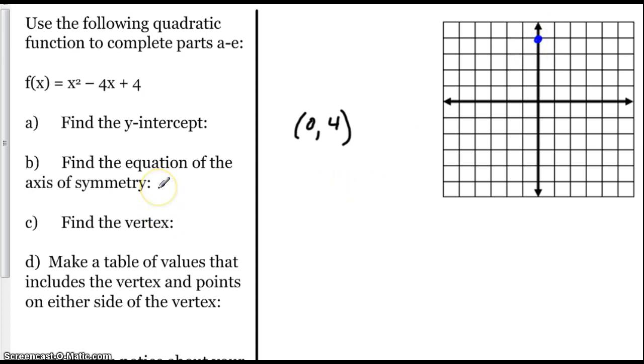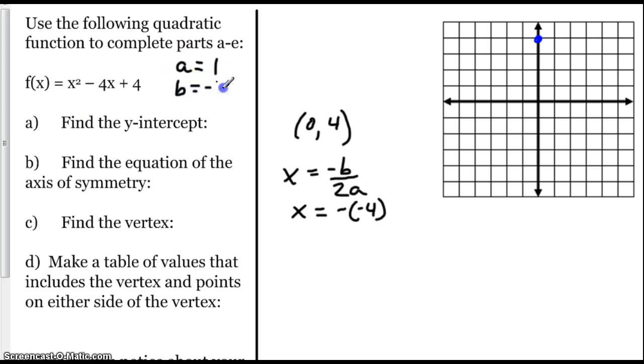Okay, to find our equation of the axis of symmetry, we can use that formula of x equals negative b over 2a, and our b value in this case is negative 4. So I substitute in negative 4 for b, and then our a value in this equation is 1. So our a is always the number in front of the x squared term.